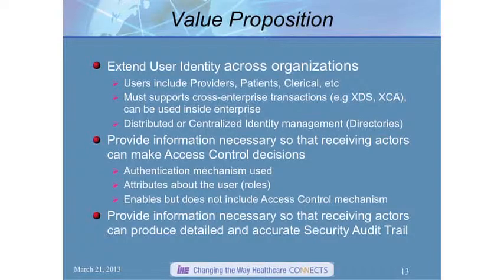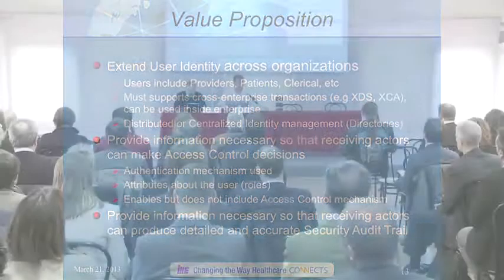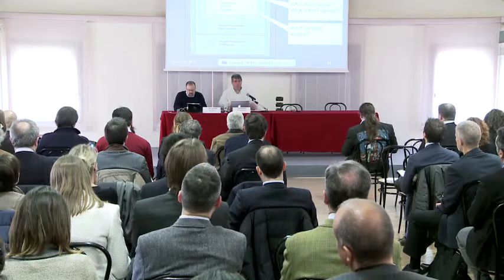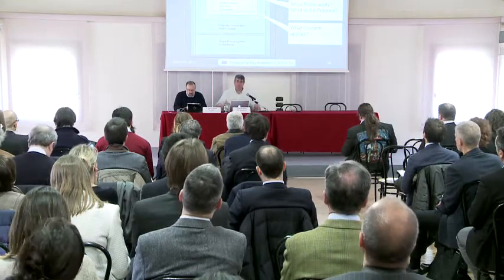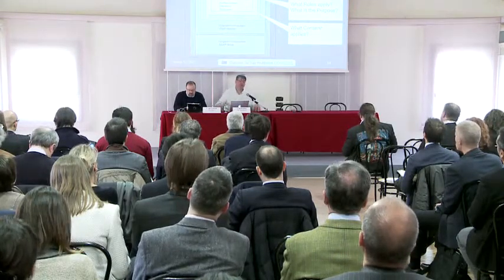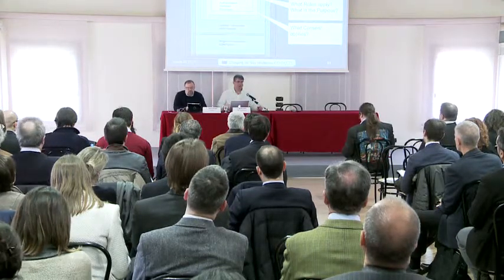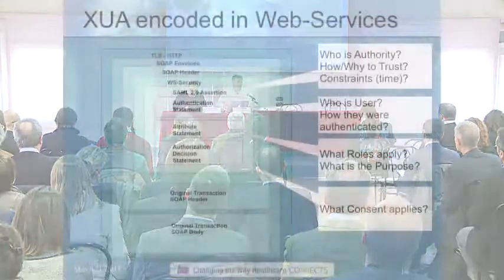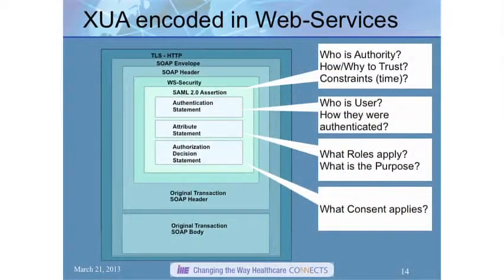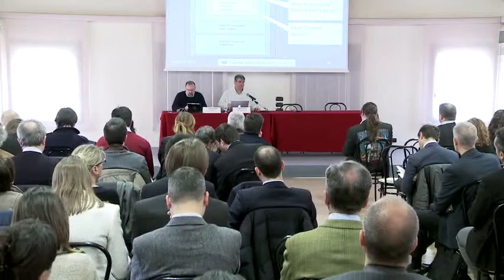It, of course, does support the ability to not do it that way, but we wanted to make sure that we supported, again, the broadest set of policies that could be used. This is a picture of the packet as it goes across, and it's talking about who is the authority, who issued this particular chunk of data, why was this being sent, who is the user, what are they asking to do.